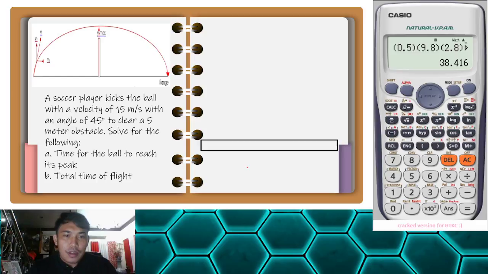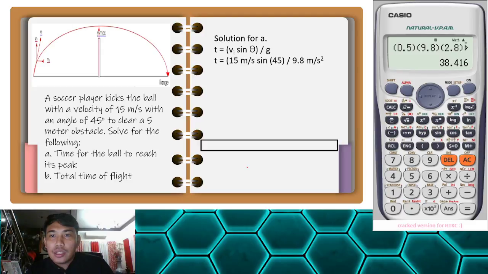Okay, so time's up. So here is the answer, the computation. Solution for A, which is the time for the ball to reach its peak. We have the formula t equals Vi sine theta all over g. Substituting the values, 15 meters per second, sine 45 all over 9.8.